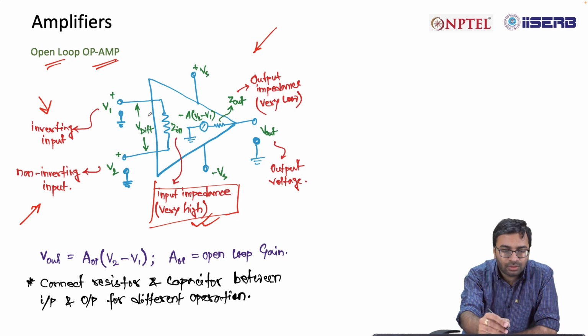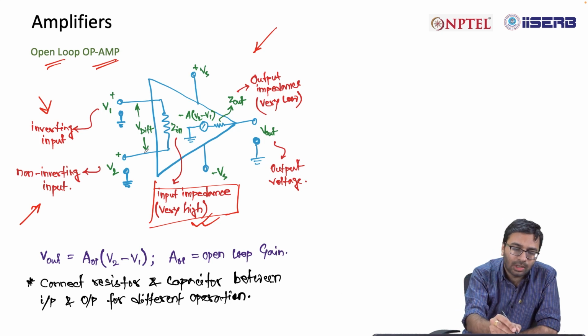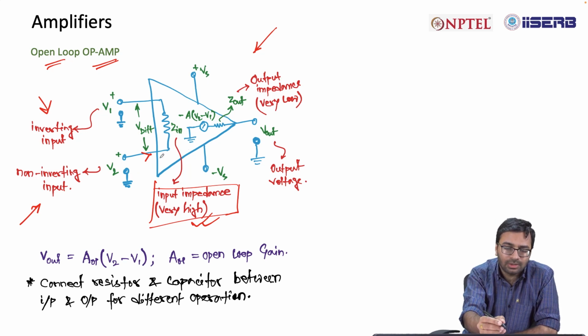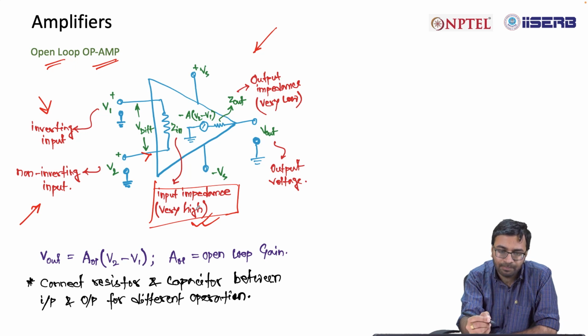The input impedance of an operational amplifier is usually very high, and hence we consider there is no current that goes into the amplifier. So we can assume that no current enters into the amplifier because the input impedance is very high.